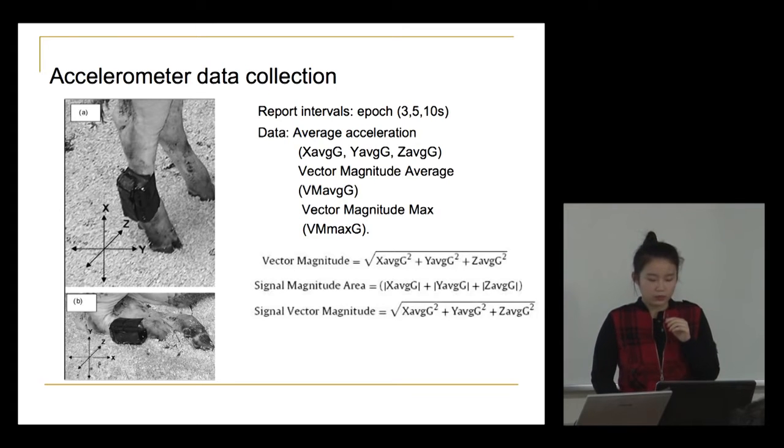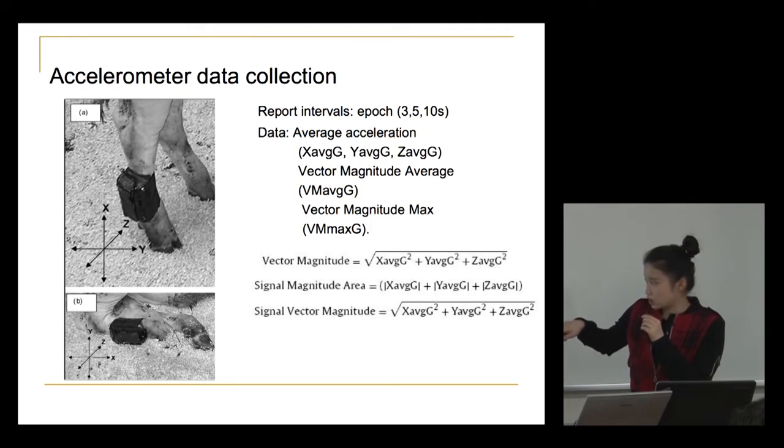Five kinds of basic data can be obtained through the accelerometer. First, the 3-dimension average acceleration of the x, y, z axes, the vector magnitude average acceleration, and the vector magnitude max acceleration.